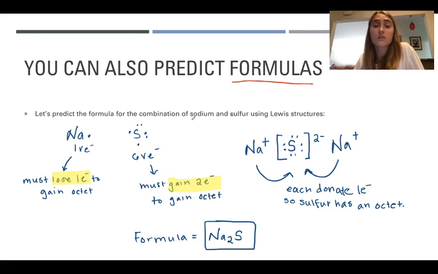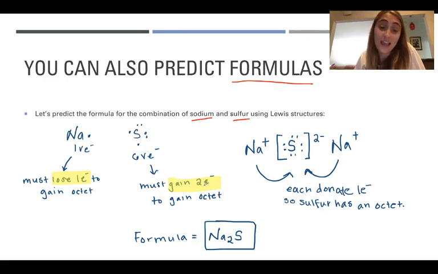So I want to combine sodium and sulfur. So I have sodium, which is Na, and the first thing I'm going to do, as always, is figure out how many valence electrons it has. Then I'm going to look at sulfur, same thing, find out how many valence electrons it has. Sodium has 1 and sulfur has 6. In order to gain an octet, sulfur needs 2 valence electrons.